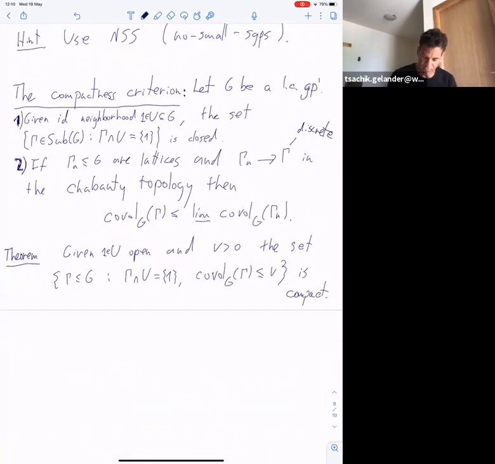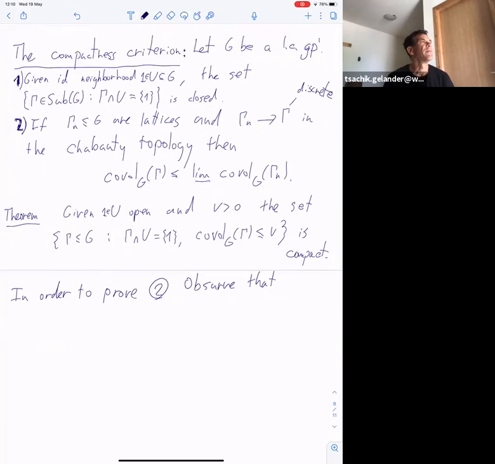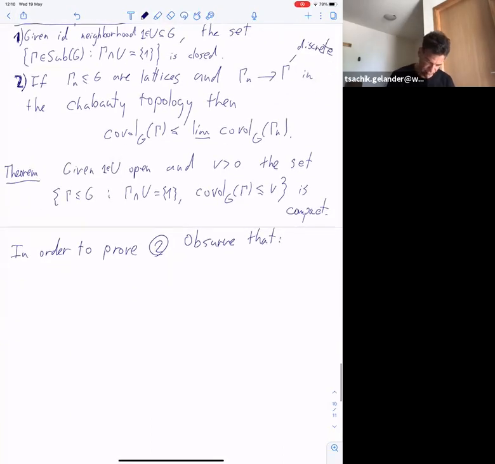So it's enough to prove 2. To prove 2, observe the following fact.